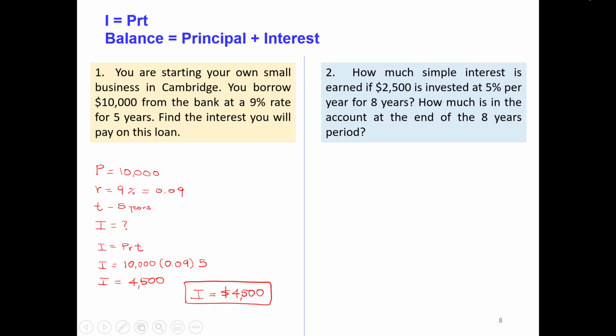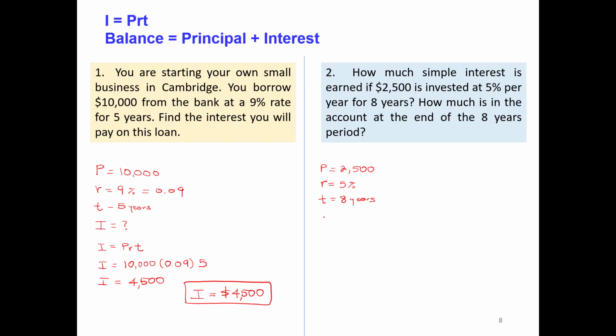Then let's identify what information we know. We know the principal is 2,500. We know the rate, which is 5%, and we know the time, which is 8 years.